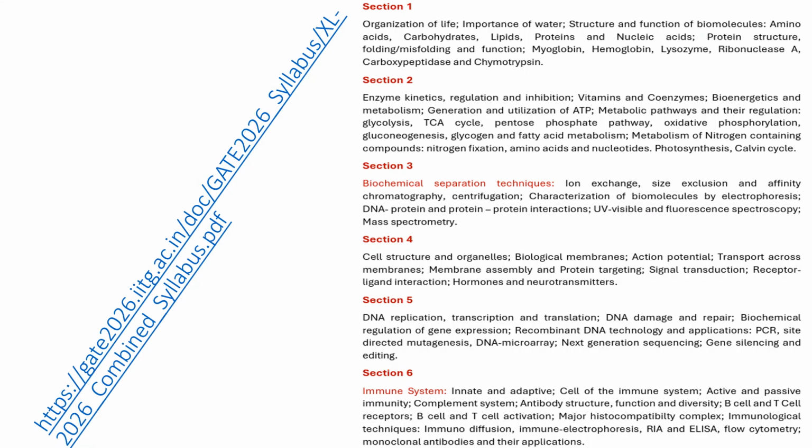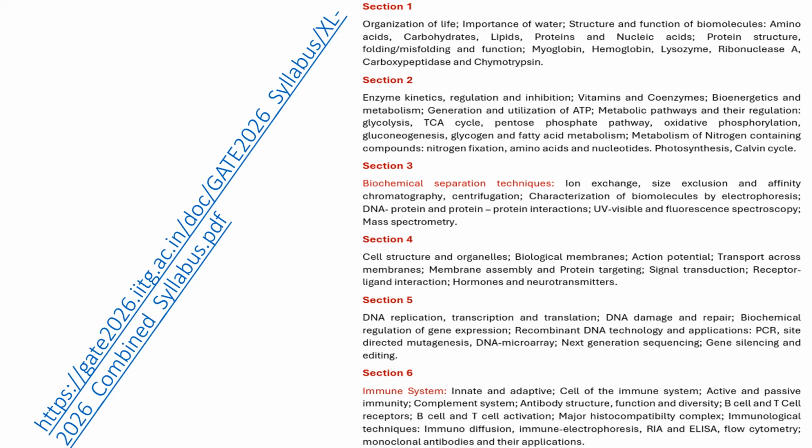So this is the web link I have given you, and this is the 2026 GATE syllabus, which was conducted by IIT Guwahati. In the biochemistry paper, we have six different units.